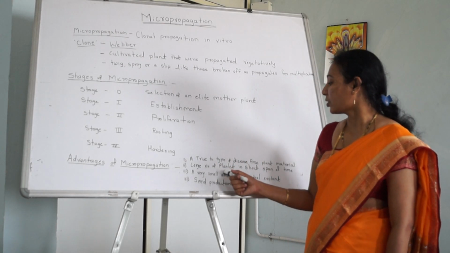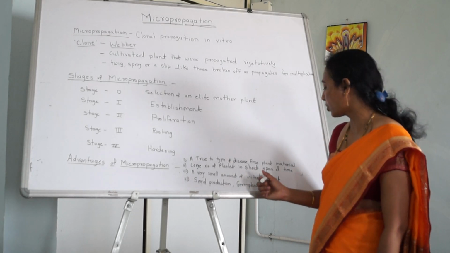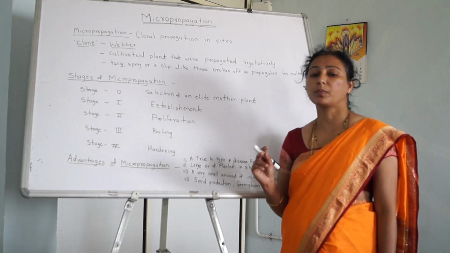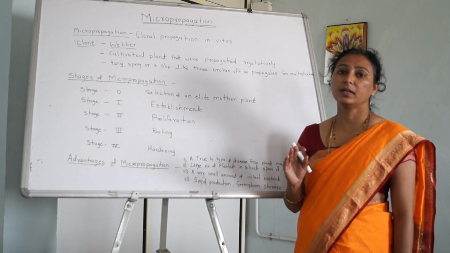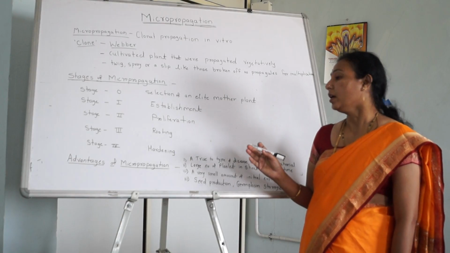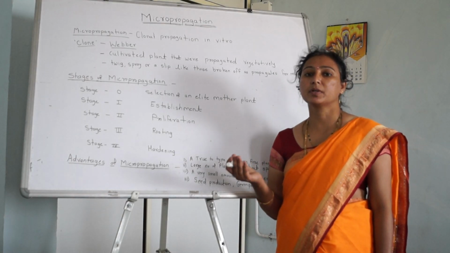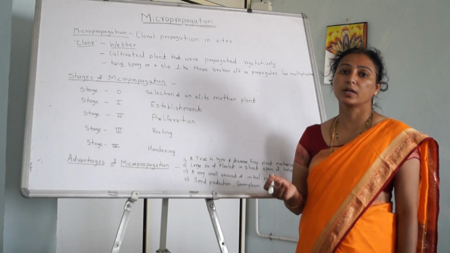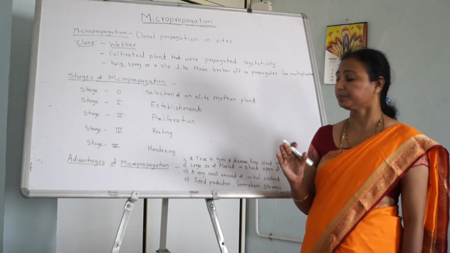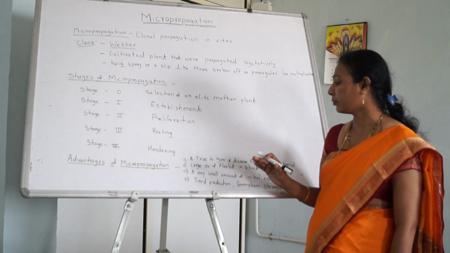Then a large number of plantlets can be obtained in a short span of time. About 10 lakh plants can be obtained in about 6 months. So when we are commercially planting orchards, different horticultural crops, sugarcane and bamboo, a large number of plantlets can be obtained.